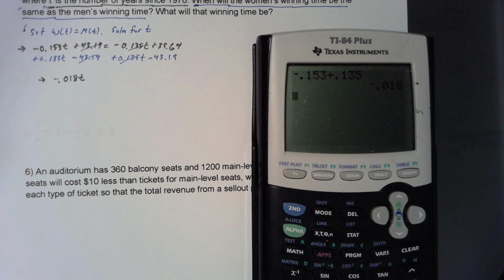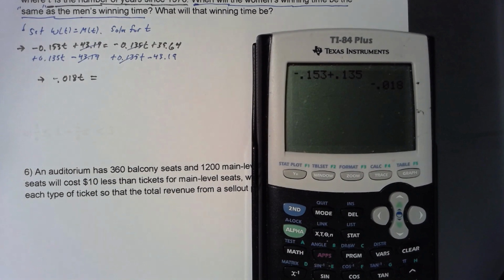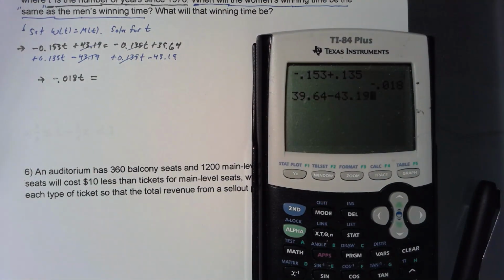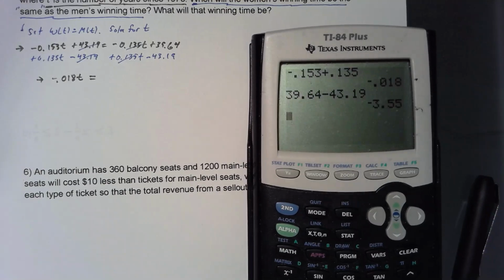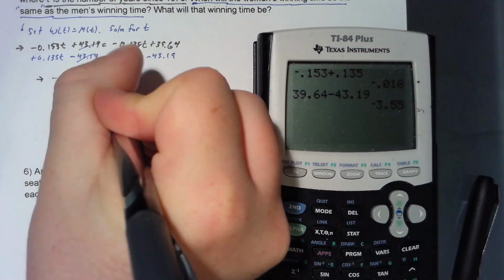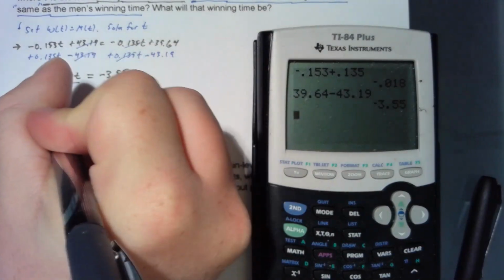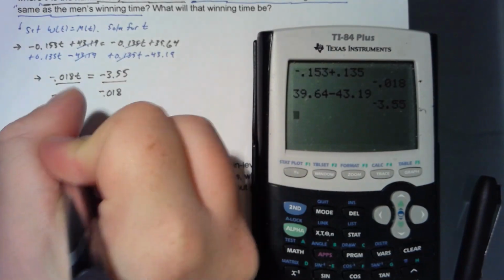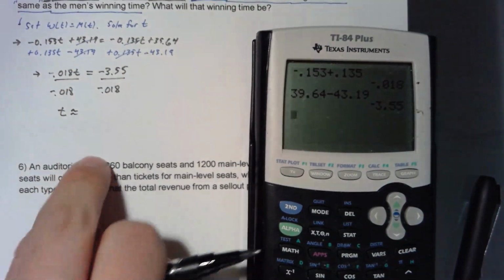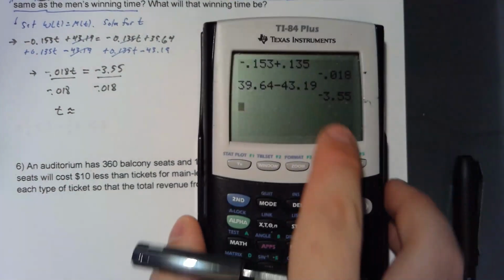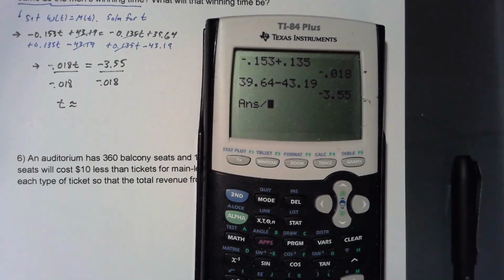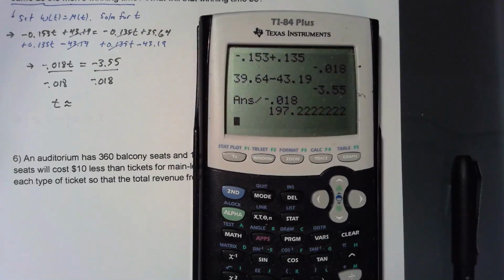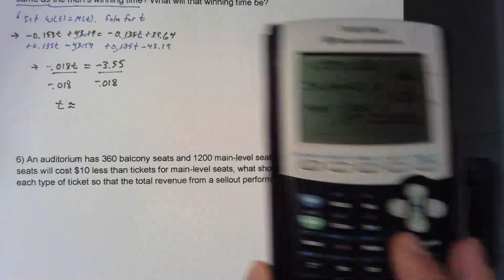And that equals 39.64 minus 43.19, negative 3.55 on the right. Divide both sides by negative 0.018. T is going to be equal to this number divided by negative 0.018, 197.2.